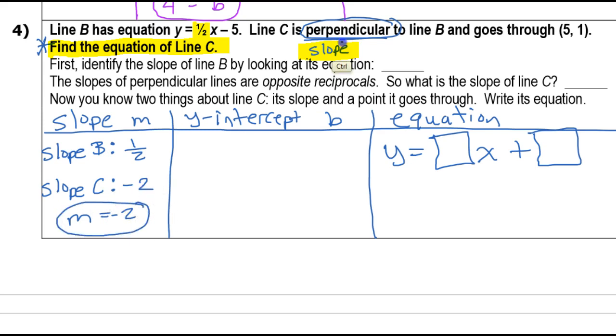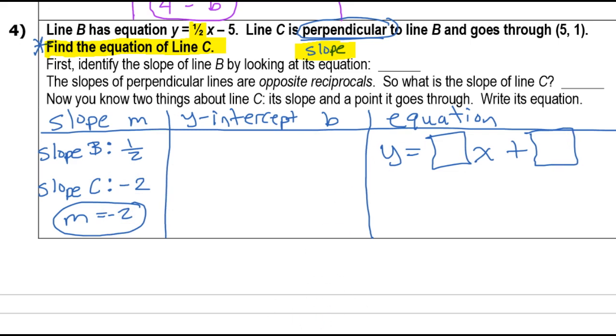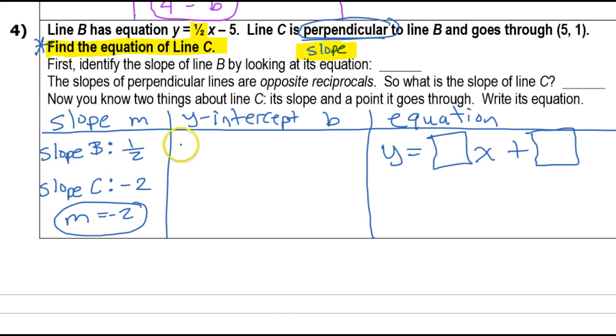All right? If they give you a perpendicular line, that's just an indirect way of giving you the slope. You just have to do the opposite and the reciprocal. The rest of the problem is the same as what we've done before. So for the y-intercept, we will say y equals mx plus b. We're looking for b. So we're going to get our x and our y from this point. So that's why I'm going to have 1 is equal to, and we just found that m was -2, and then 5 is the x, and then plus b.